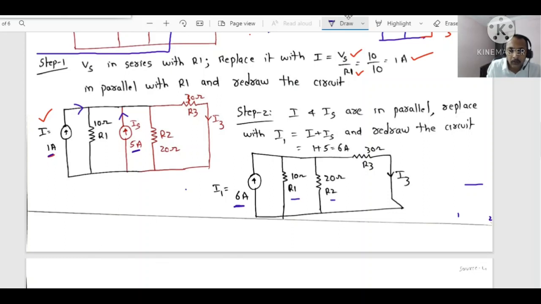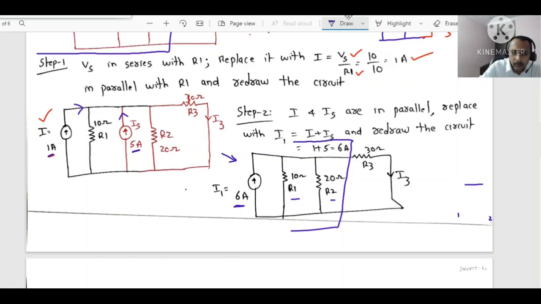Redraw the circuit. So this is further simplified to this part. Now our aim is to simplify up to this part. Still we have two resistors here. It should be brought into a single resistor.